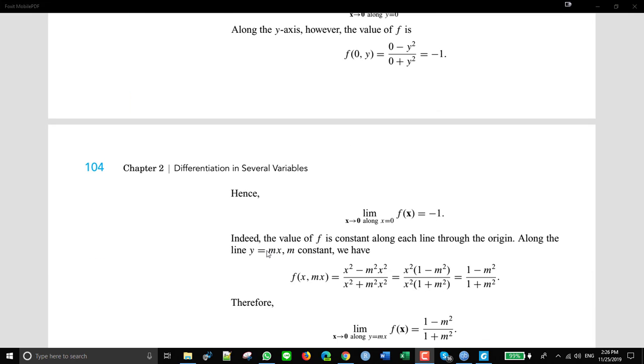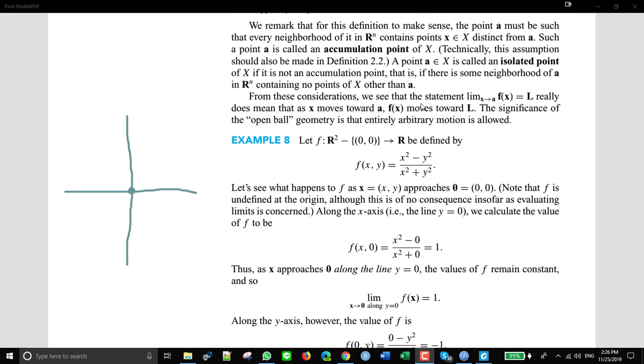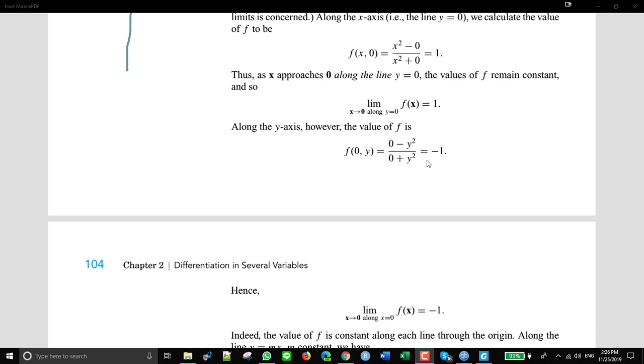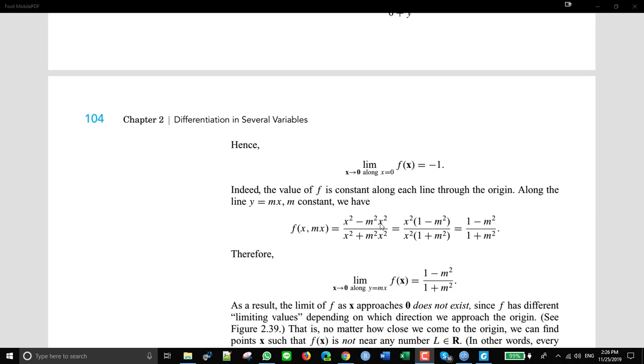But suppose we approach the origin through the line y equals mx, then we can replace y by mx. So here we had y squared, so this would be mx squared, which is m squared x squared. Same thing here. Do some algebra here, end up with that.